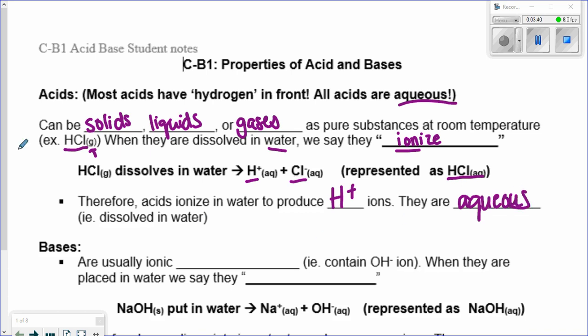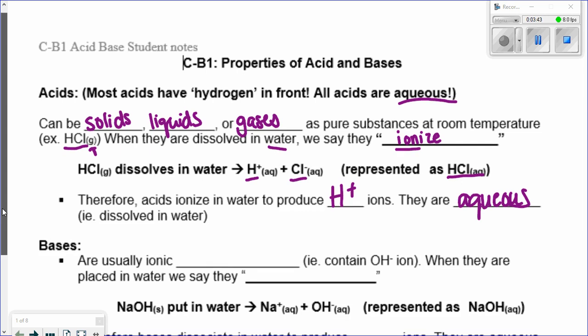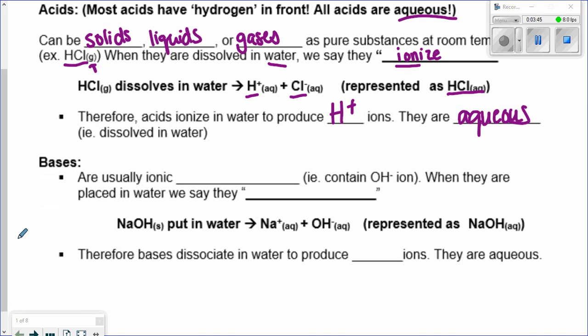So, dissolved in water. Bases are different, they are usually ionic hydroxides. You'll probably recognize the word hydroxide as that polyatomic ion OH with a 1 minus charge, so containing the OH negative ion. When they are placed in water, we say that they dissociate. But for the level that we're going to be talking about right now, ionization and dissociation are really similar situations in what they are forming.